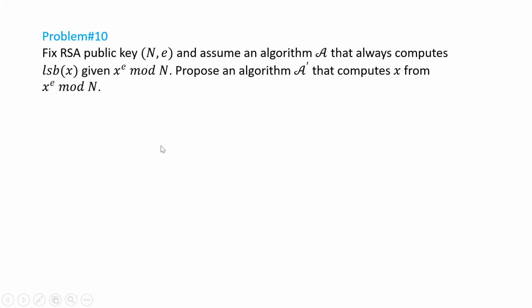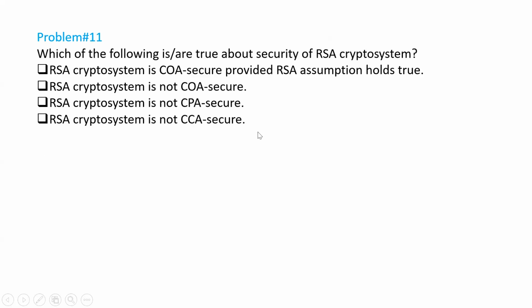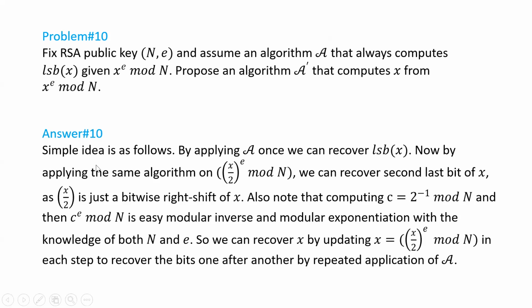If you are somehow able to manage the value of (x by 2) to the power e mod n, then you are actually shifting one bit to the right. And now what if you run the algorithm A on that value (x by 2) to the power e mod n, you will actually get the second least significant bit of the string x, right? So as simple as that. So that is what we will be doing step by step.